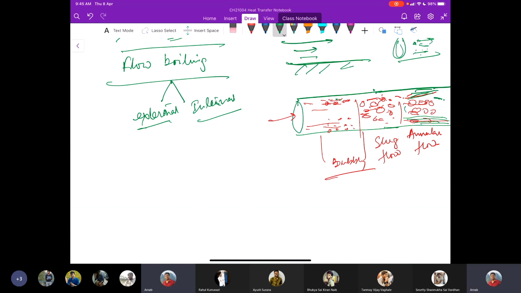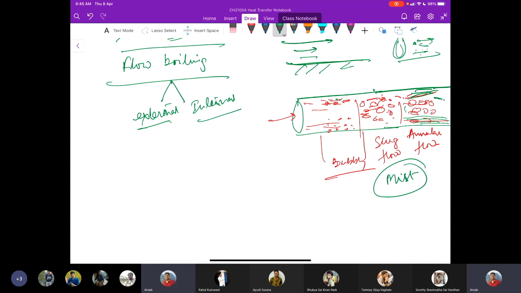Again, after a certain length, if the heating is still persistent, there will be liquid droplets. The kind of mist flow. Because now this water will also vaporize.